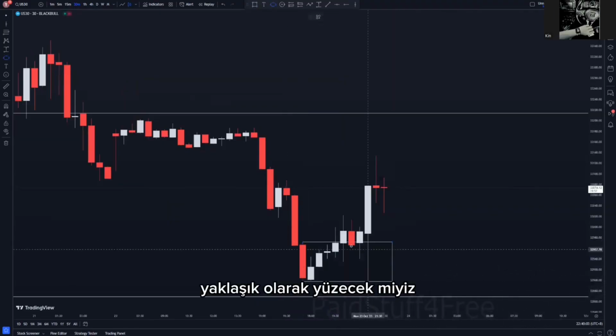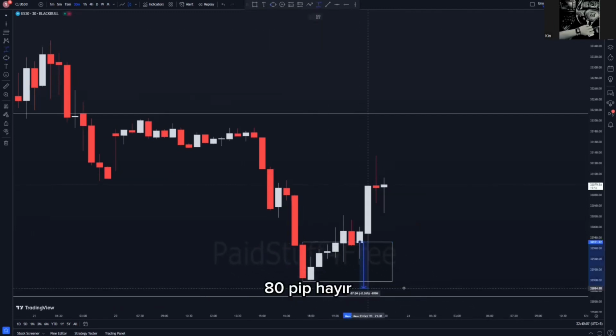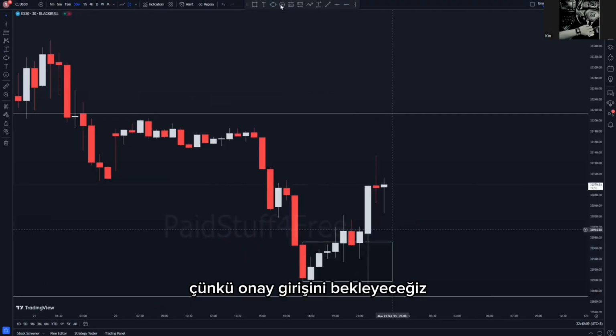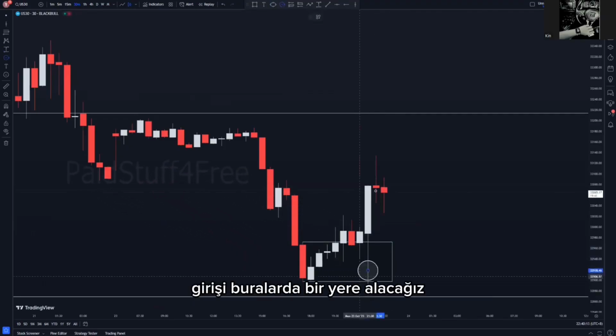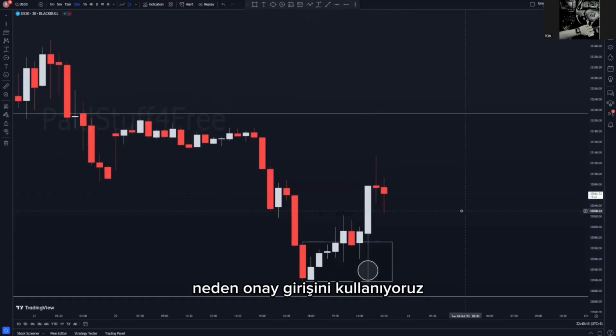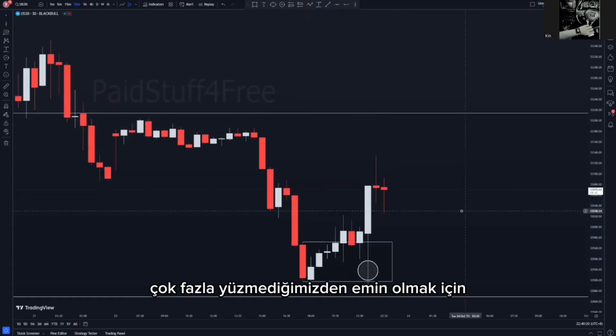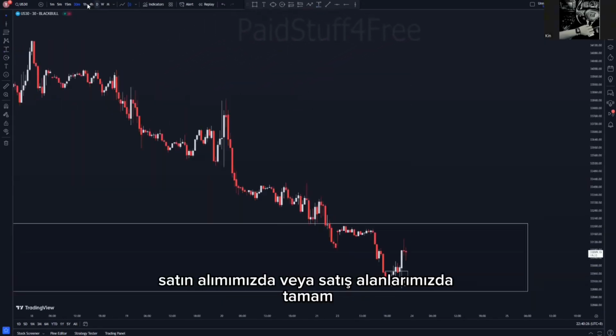Are we going to float for about 80 pips? No, because we're going to wait for the confirmation entry. So we're going to get the entry somewhere around here. Get it? So why do we use confirmation entry? To make sure that we didn't float too much on our buy or on our sell zones, right?